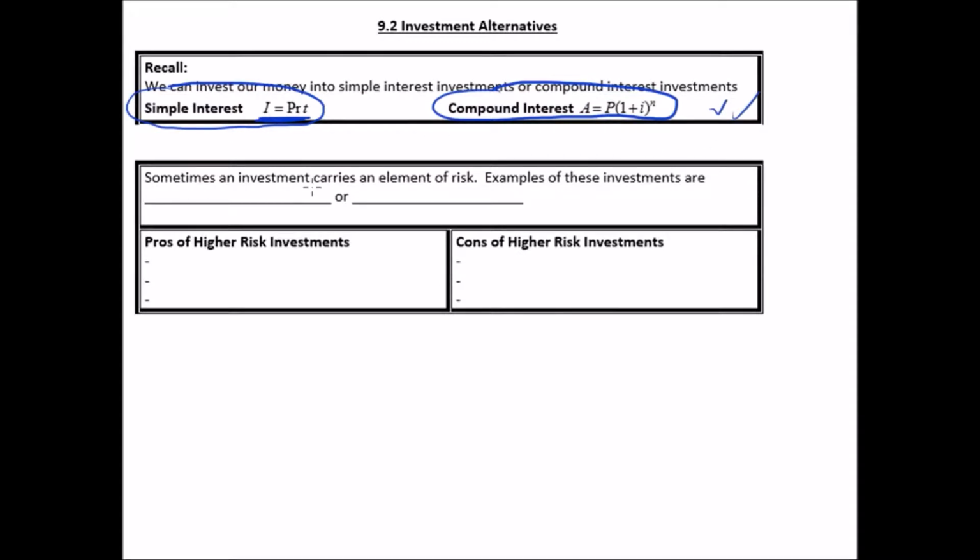So now, sometimes investments carry an element of risk. An example of these are stocks and mutual funds. And just a little thing on mutual funds. A mutual fund is like a pool of money. So I could put my money into a certain mutual fund, and so could you, and so could maybe your parents, maybe your friends.